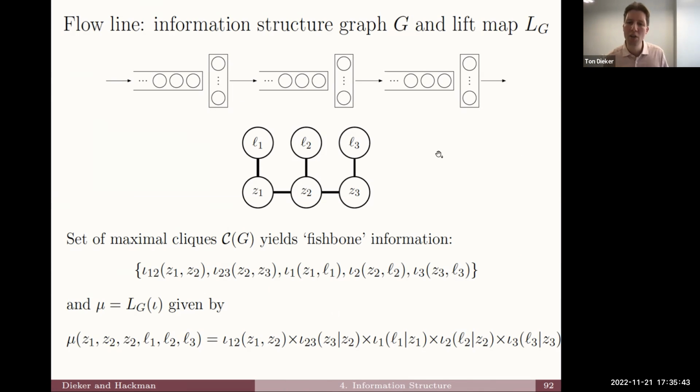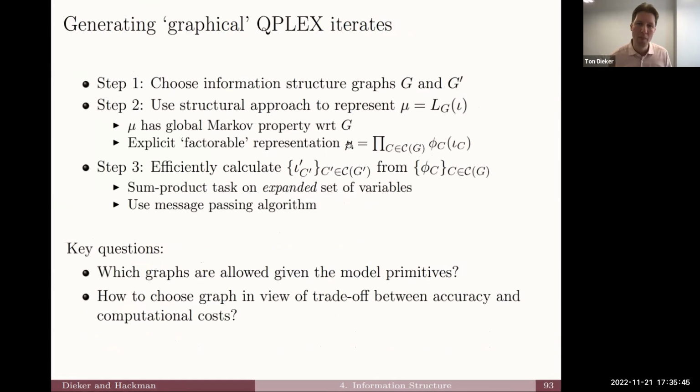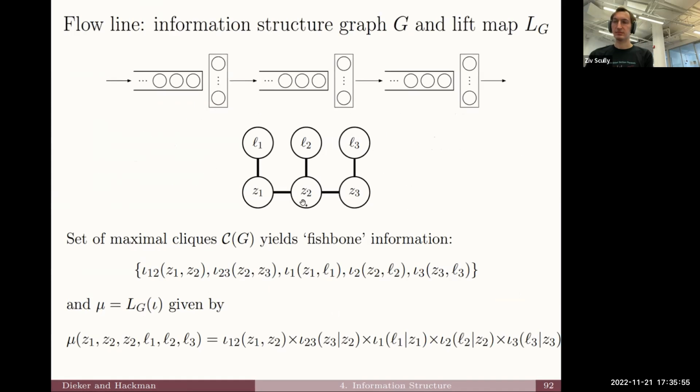Actually, I didn't go through all the details, but there is an explicit factorable representation. The product structure basically is what gives you the computational benefit, right? Yeah. And even if you traverse in a different way, the scope of each of these terms is still the same, and that's the only thing that matters for the algorithm.